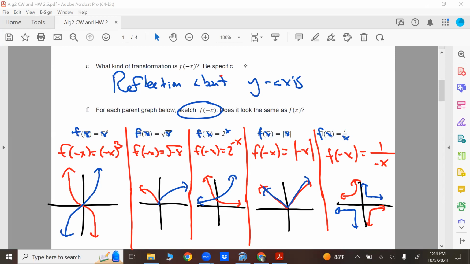And to answer this question here, look, same as f of x. Only that one. The rest all flipped. And again, you're flipping about the y-axis. We have negative on the inside, so that's another reflection we haven't talked about, but now we have. It makes sense because you're changing the value of x, right?